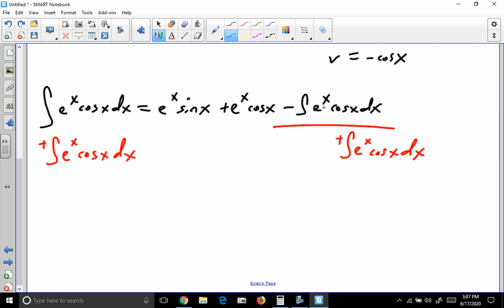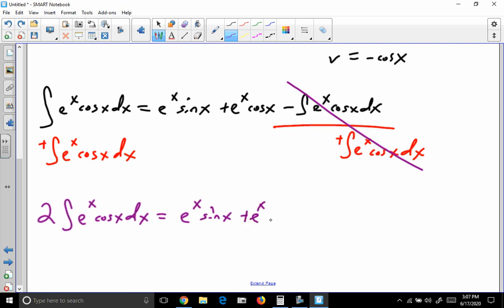If we add that to both sides and those cancel, we have twice the integral of e to the x cosine x dx, and on the right, we have e to the x sine x plus e to the x cosine x.